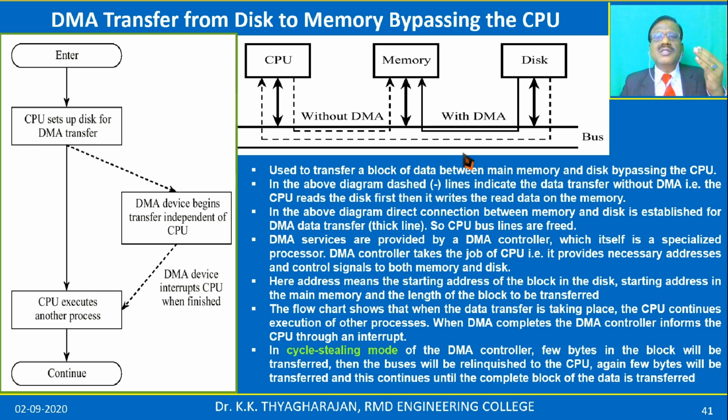Those clock periods will be used by the DMA controller to transfer data between disk and memory directly. This will continue until all data are transferred to the memory. When the data transfer is completed, the DMA controller will interrupt the CPU to inform that the data transfer has been completed by it.